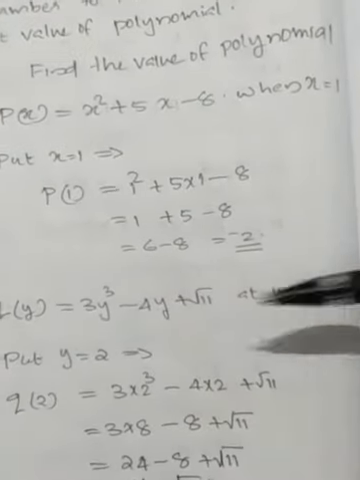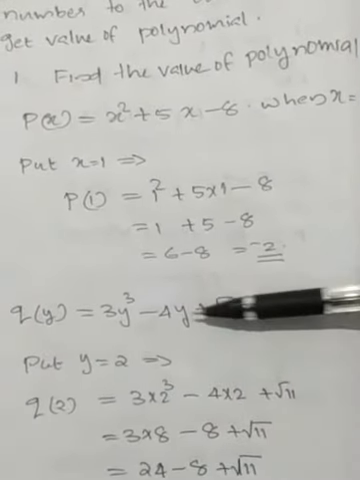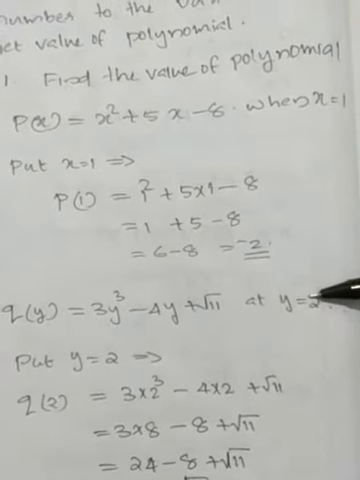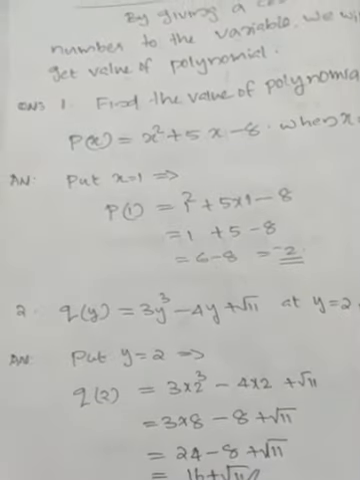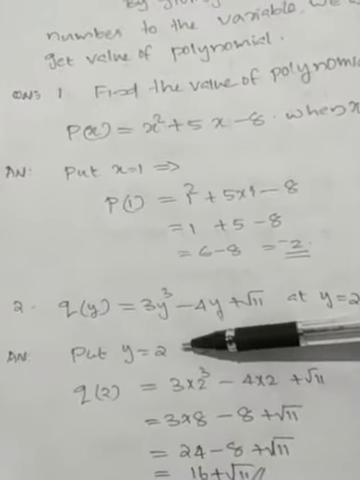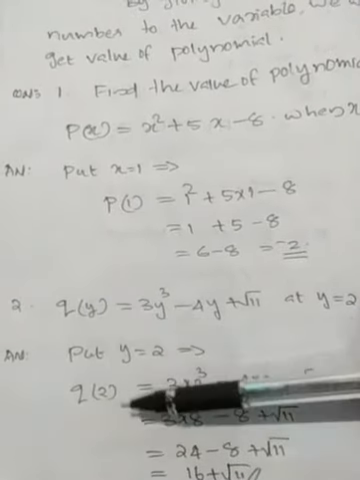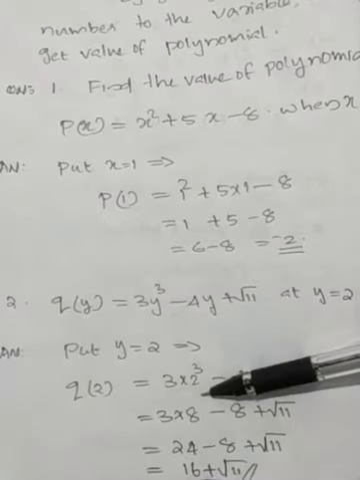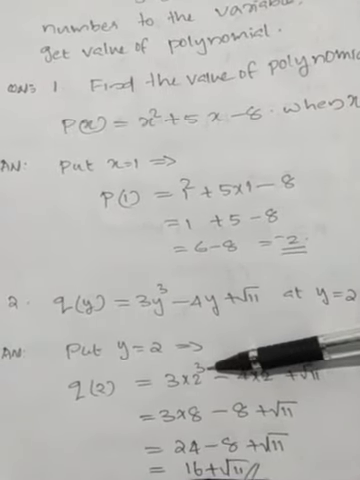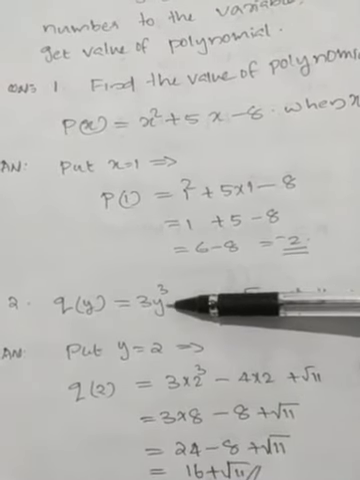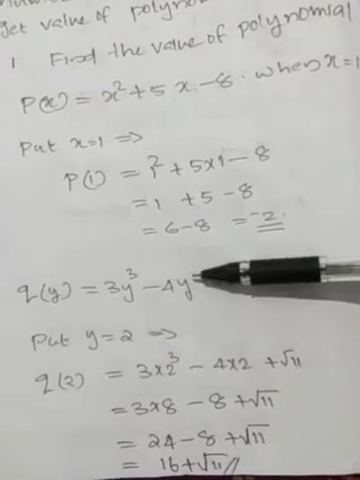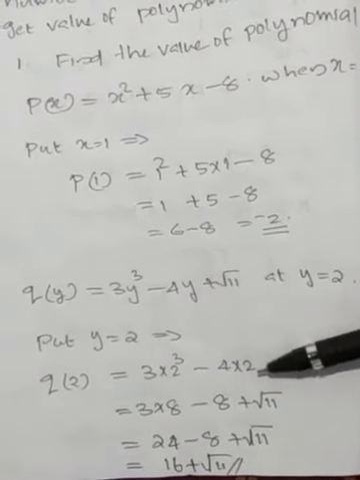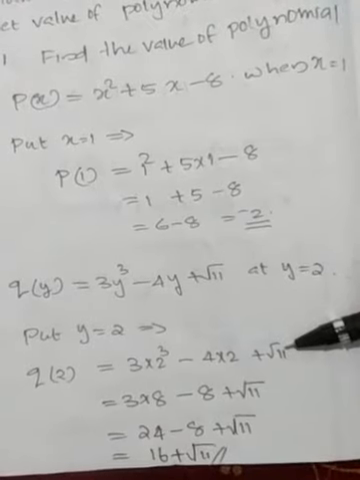We have to find the value of this polynomial when y equal to 2. So put y equal to 2. At that time q of y becomes q of 2, and 3y cube becomes 3 into 2 cube, minus 4y becomes minus 4 into 2, and plus root 11.